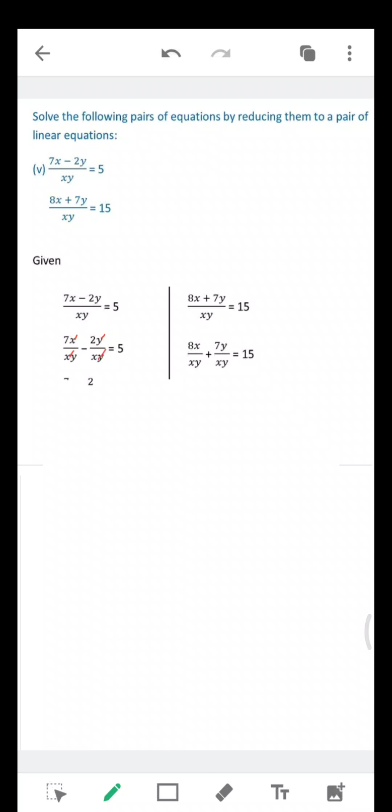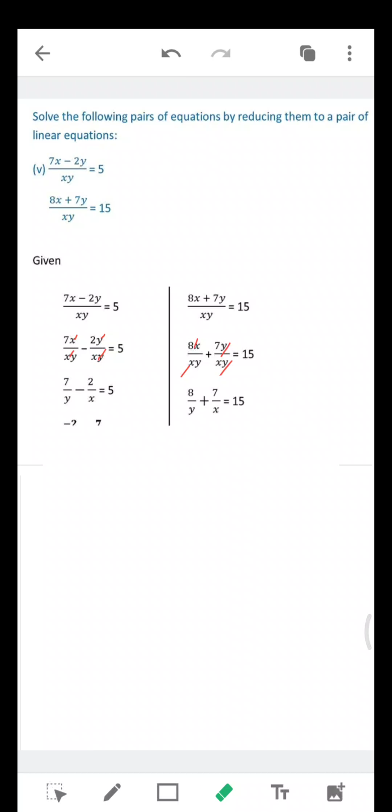So what remains here? 2 by x. Here I can cancel x and x, so remains 8 by y, and here I can cancel y and y, remains 7 by x. So I'll write the remaining terms like this: 7 by y minus 2 by x is equal to 5, 8 by y plus 7 by x is equal to 15.